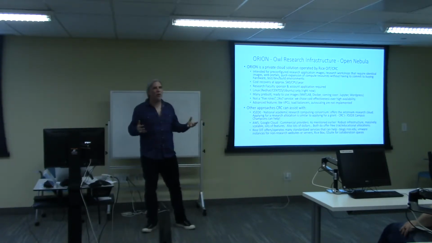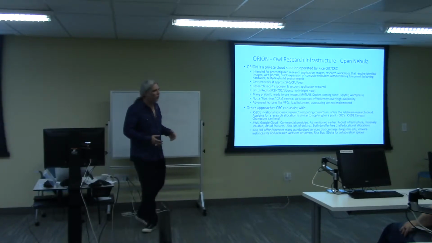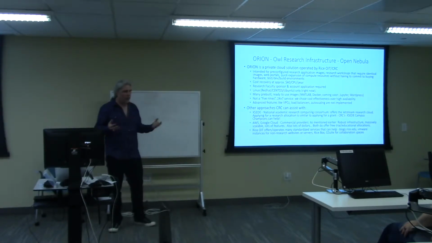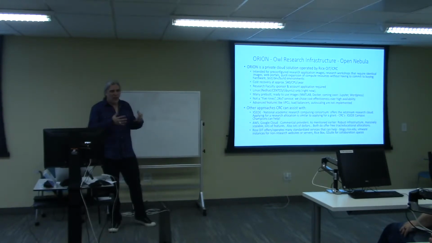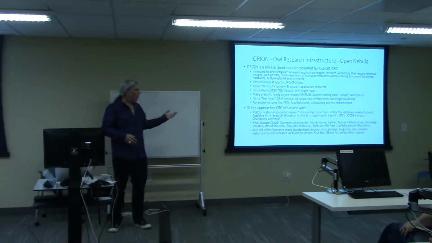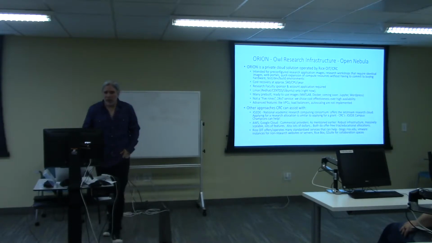So you kind of have to think about, do I really need a VM for my research or for these things that I want to do in my research group? Well, you may not actually need that level of customization. You may be able to get by with just some standard services we already have.